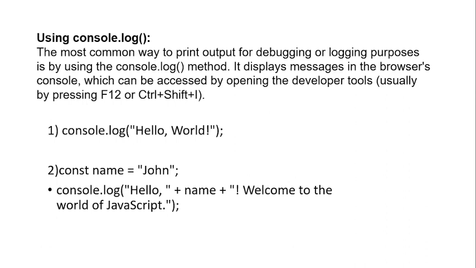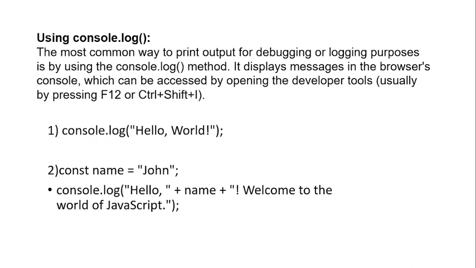In the second example, you can see I am using the keyword const, constant. If I am declaring something as constant according to the version of ES6 in JavaScript, I have to give some value. The variable name is name, and the string value is John. If I want to print, I am using the console.log method.